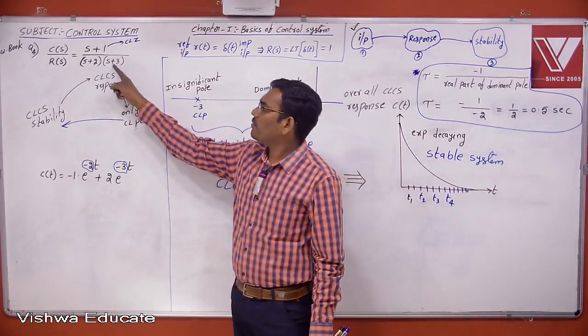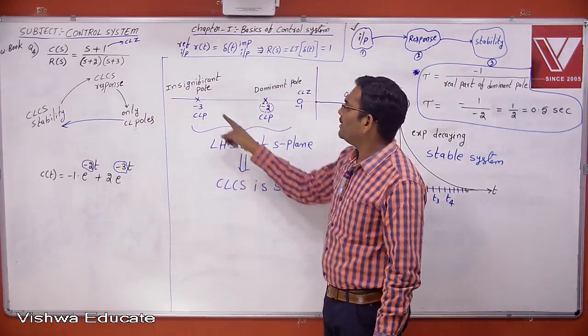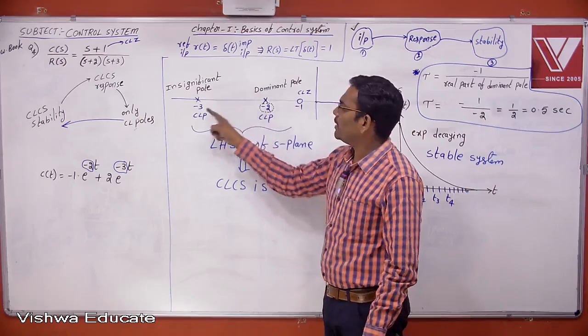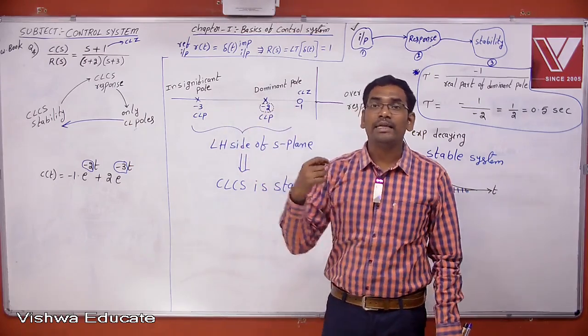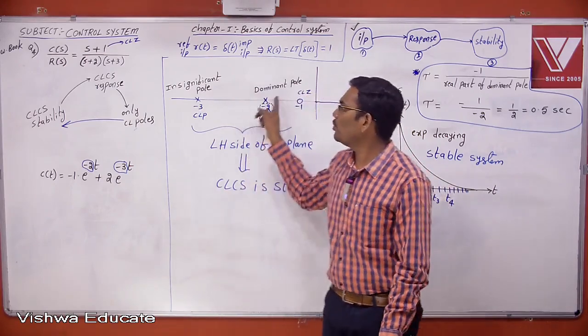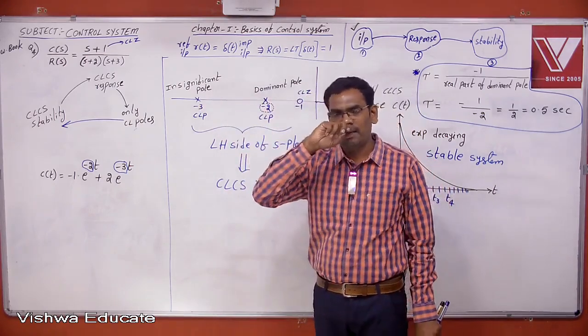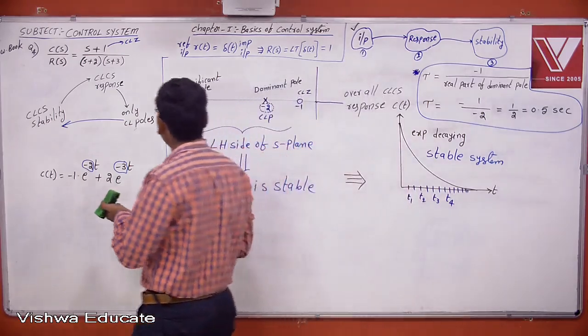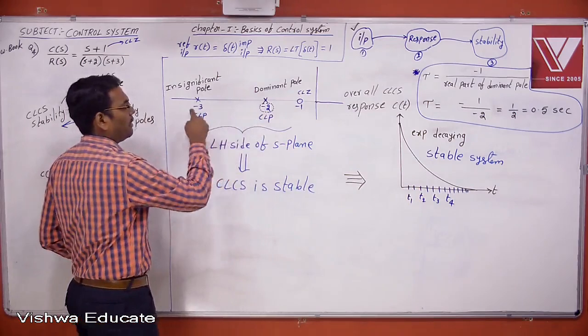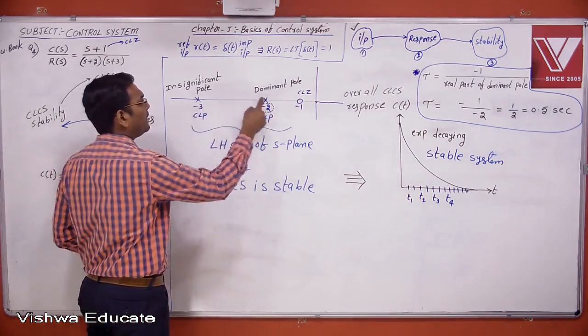Now, frequency of oscillation. Is there any imaginary part? No imaginary part. Therefore the frequency of oscillation is 0 radians per second. You decided already by looking at the poles, real part and imaginary part. Now the question, that is a cross check. There is no imaginary part, only real part.